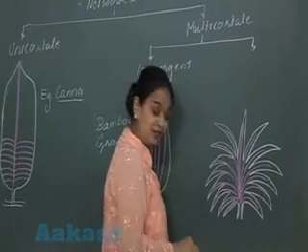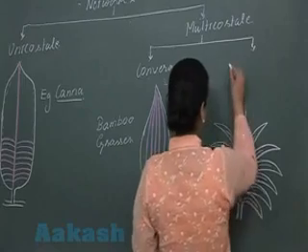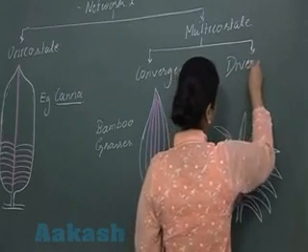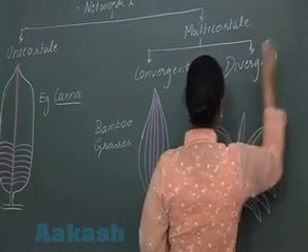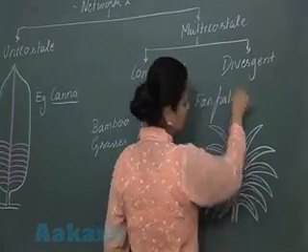So this type of the venation, it is known as multicostate divergent type. Multicostate divergent type. This condition is present in the fan palm.